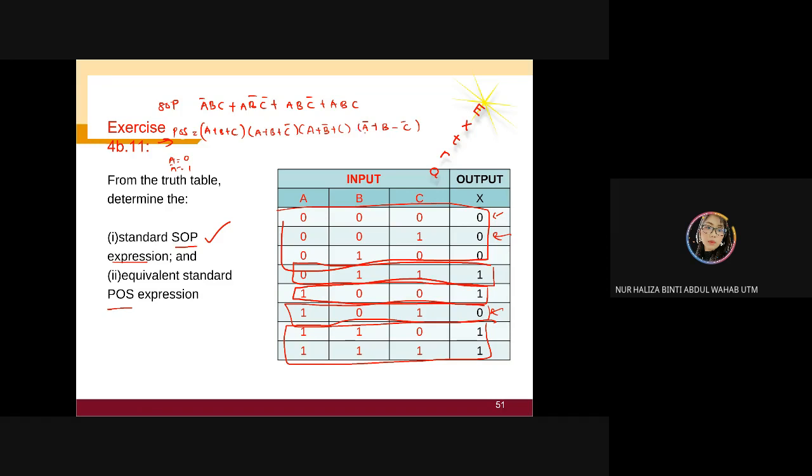Okay, this is my POS. This is my SOP. I convert it directly from my truth table here. It is a direct conversion. This is easy for me to get.